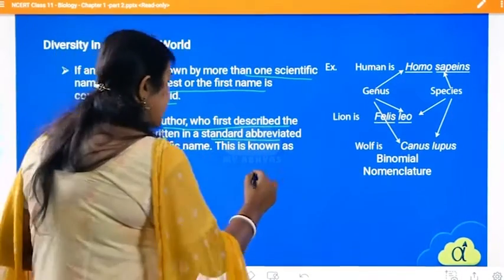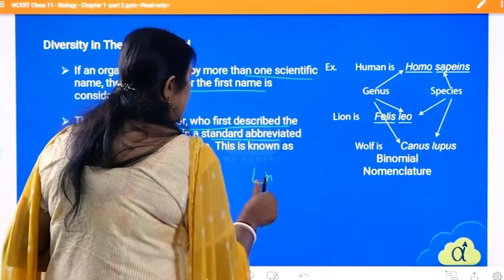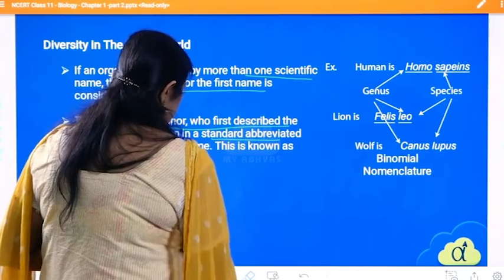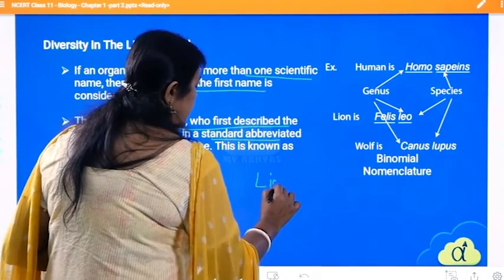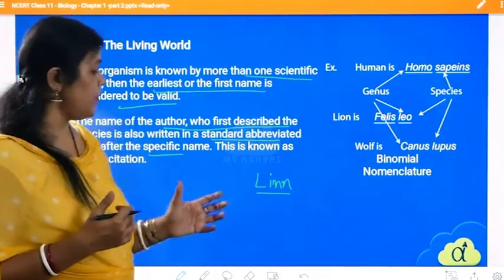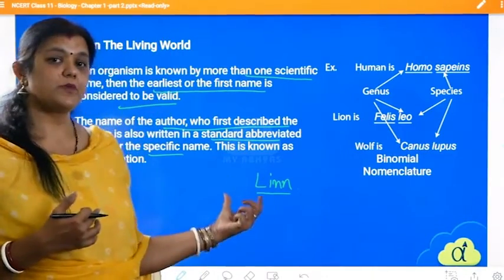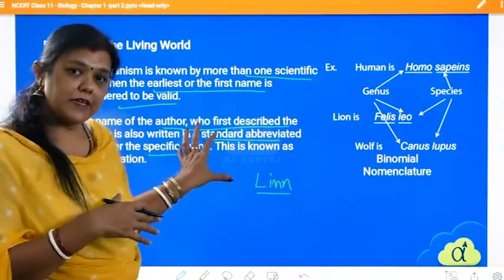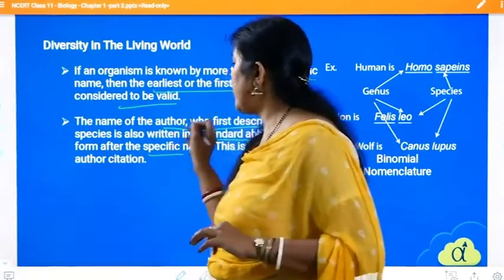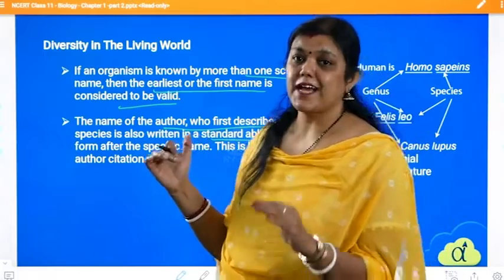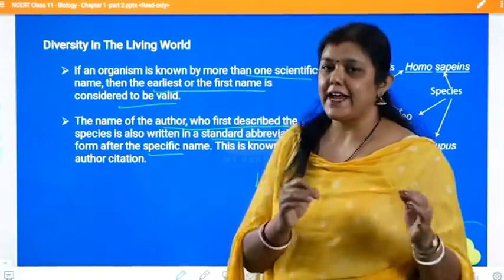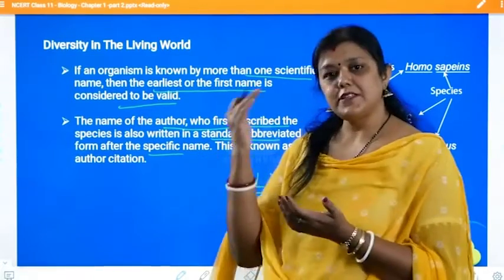For example, Linnaeus is abbreviated as L-I-N-N dot. This is the author citation, done for the scientist who discovered this particular name.